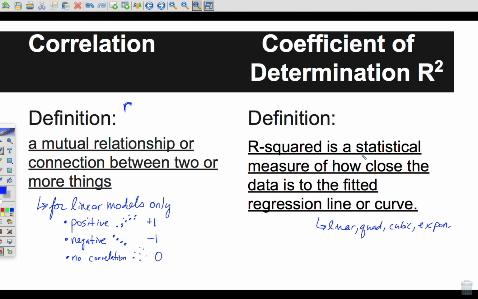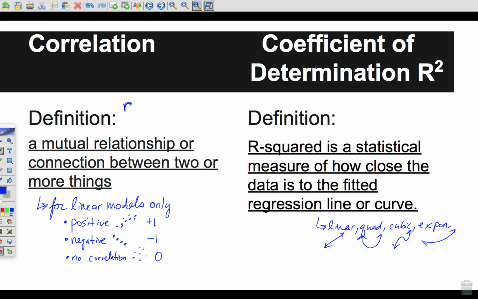And it's a statistical measure. So this one's describing a relationship. This is a statistical measure of how close the data fits, how close those points fit to the actual line. So what we're going to do is create an equation. This one would be a line, this one would be a quadratic, a cubic, or an exponential.